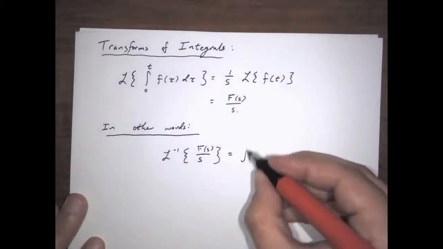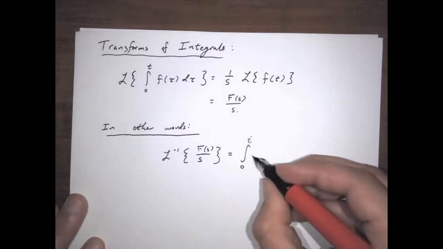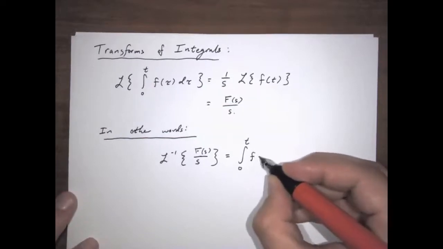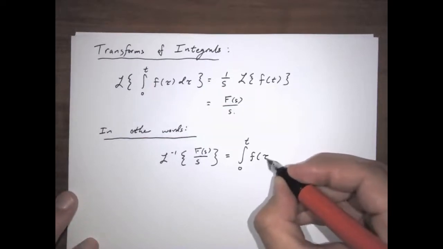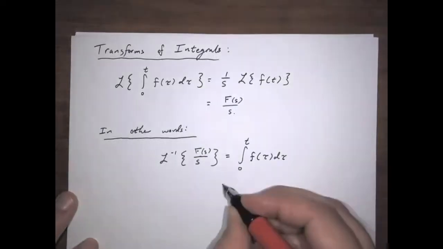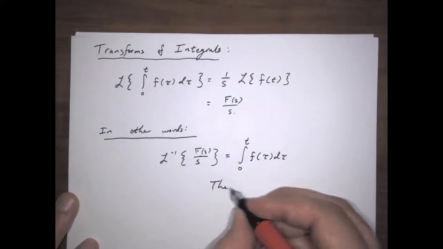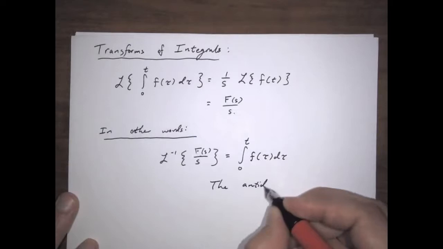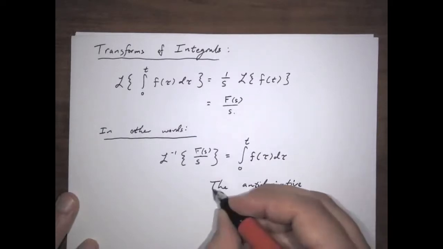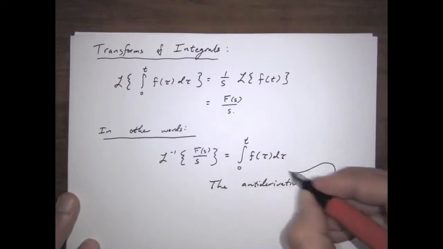This is then going to be just the antiderivative, expressed in this manner, of f of tau d tau. In other words, the antiderivative of f.